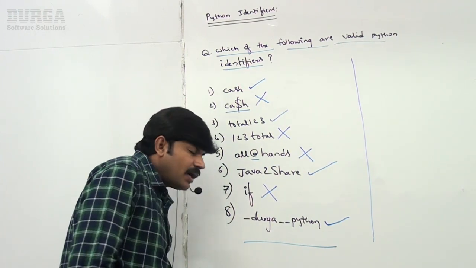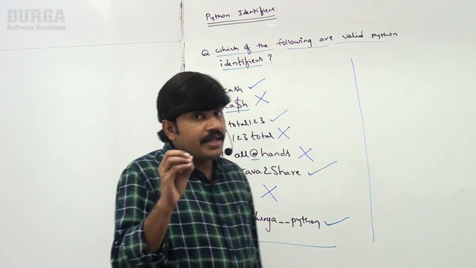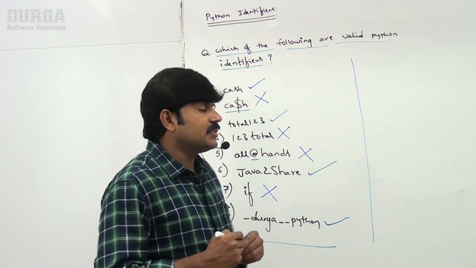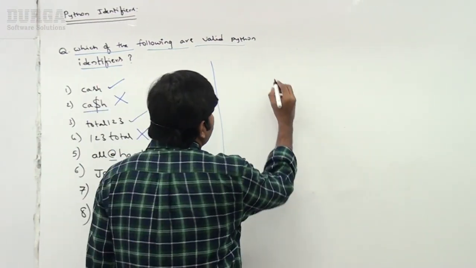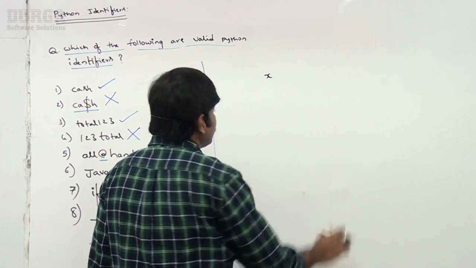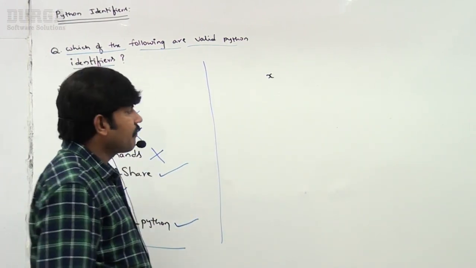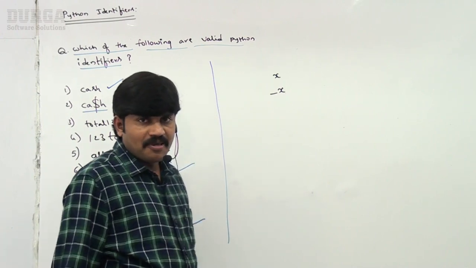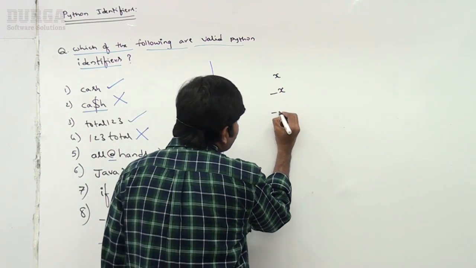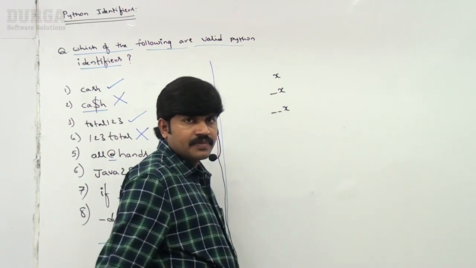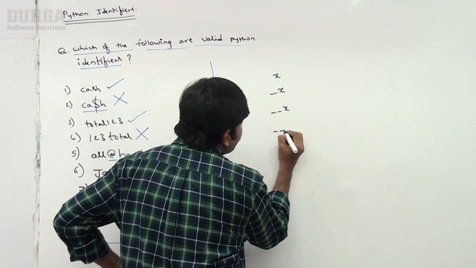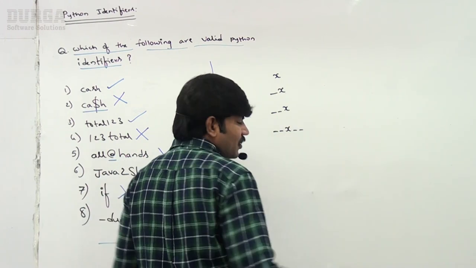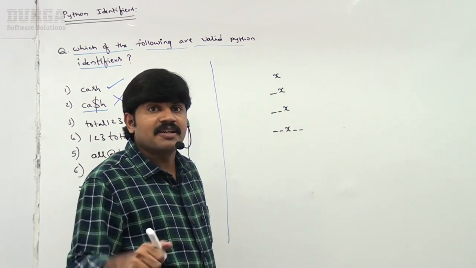Now I want to cover one very important point. Take special care about this one. I have one variable x. I have _x. Next, I have __x, and then __x__.